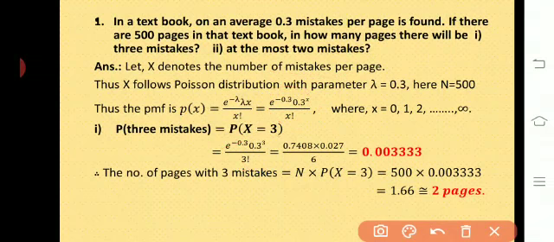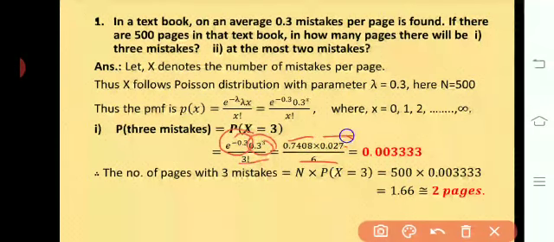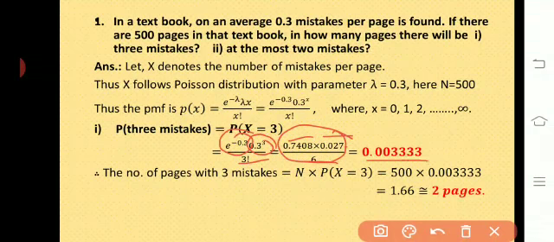Now e raised to minus 0.3, this value you will get from the statistical table, the Poisson distribution table, that is 0.7408, into 0.3 raised to 3, which is 0.027, divided by 3 factorial. 3 factorial is 3 into 2 into 1, that is 6. If you simplify this further, you will get 0.003333. Now they ask for the number of pages.